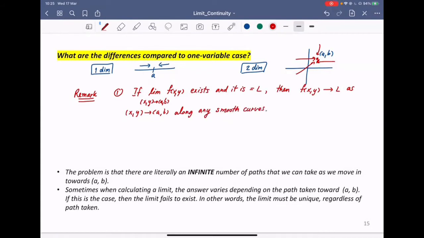By this I mean when you know that the limit exists and it is equal to L, then when you go to that point along any smooth curve, it's going to be L as well.